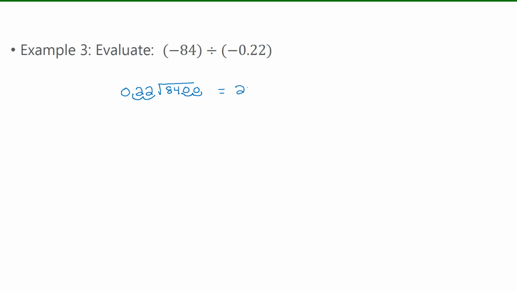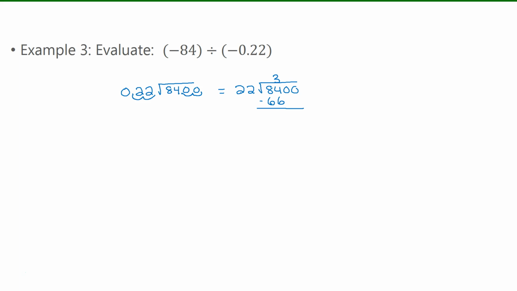So now we have 22 into 8,400. Now 22 doesn't go into 8, but it does go into 84. I know that 22 times 4 is 88, so it's not going to be that much. It's only going to go in 3 times. 3 times 22, 66.